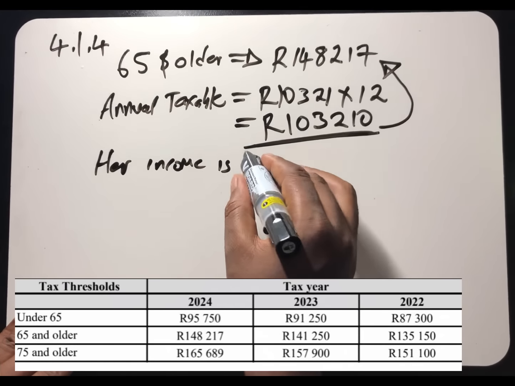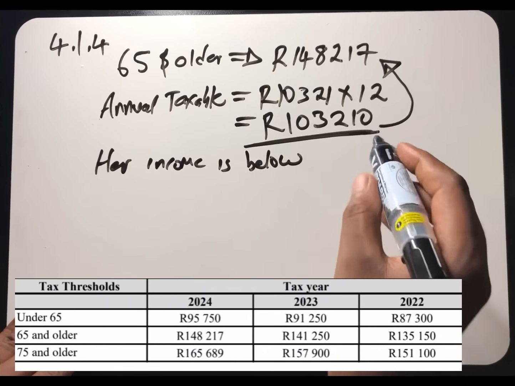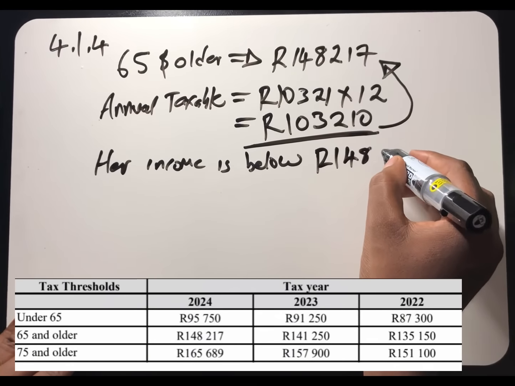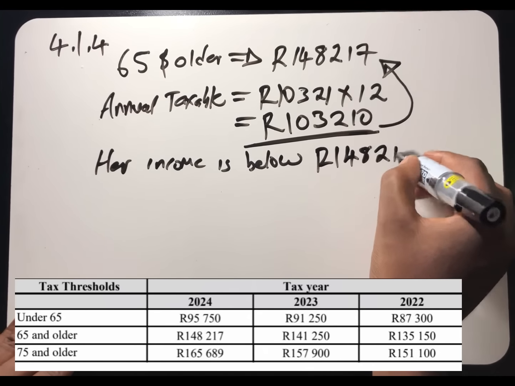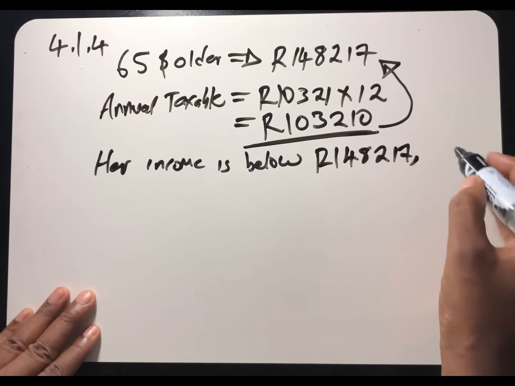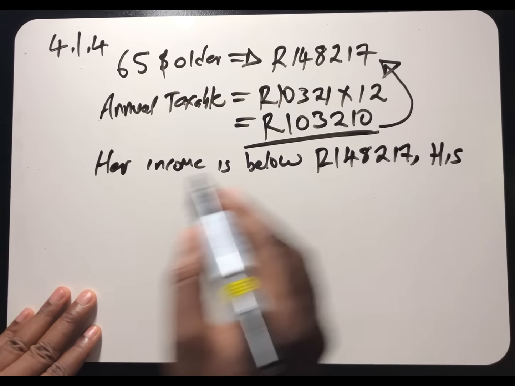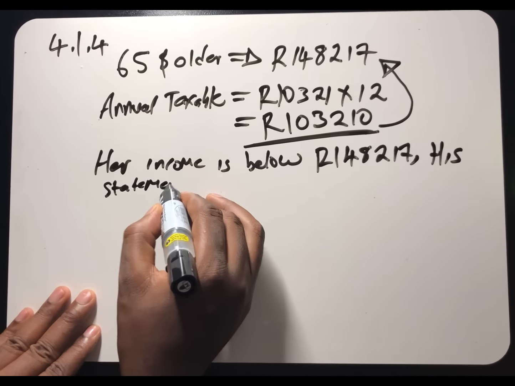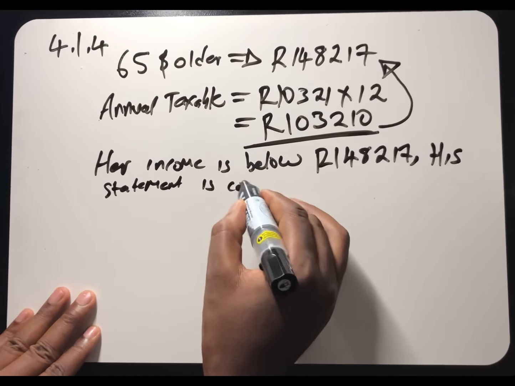Is below how much? 148,217. Therefore, his statement is correct.